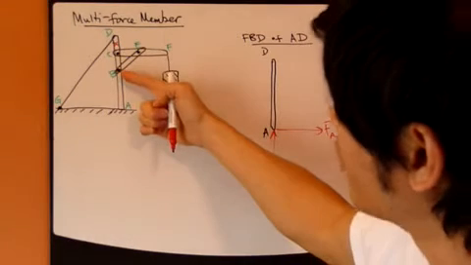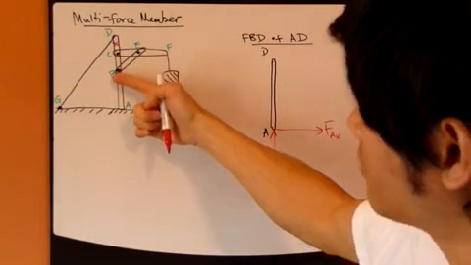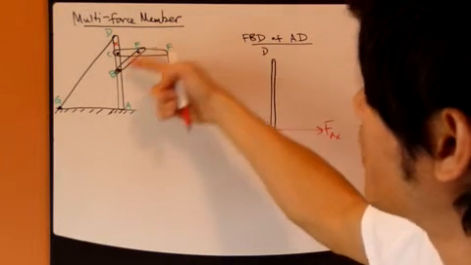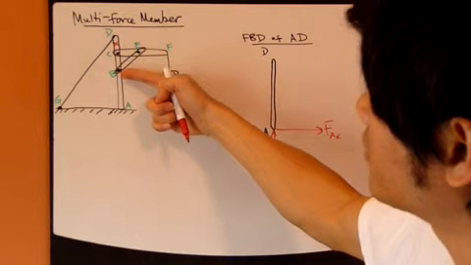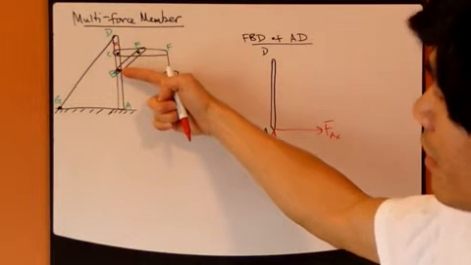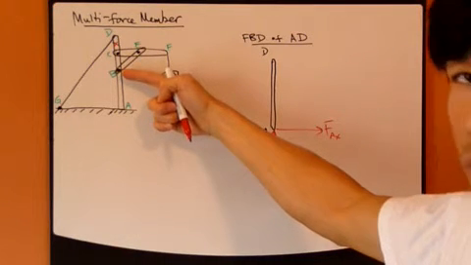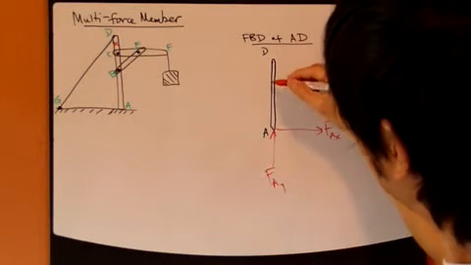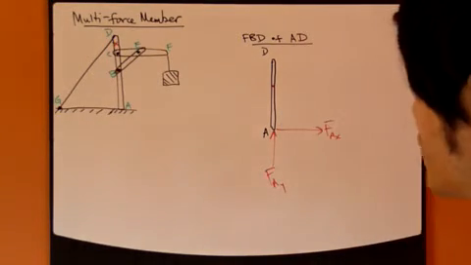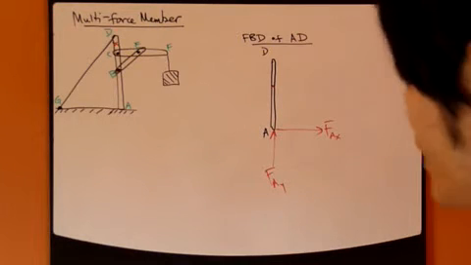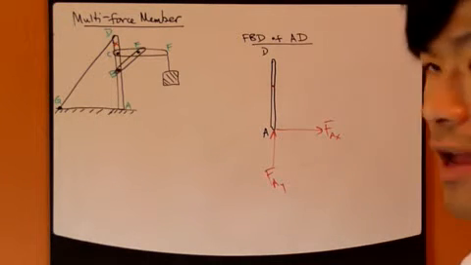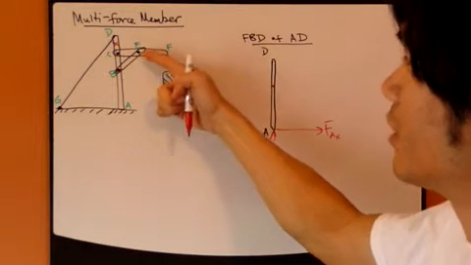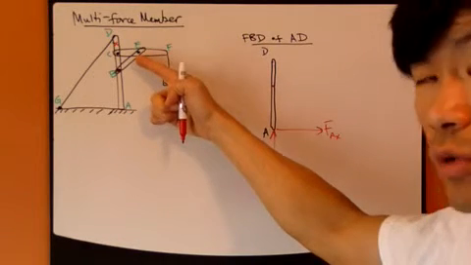What else? Well, we have this B right here. This point B is part of this BE member, so at this point B, there will be a reaction force coming from this BE. I'm going to draw it right here. But what's the direction of that reaction force? Well, recognize that the BE member is a two-force member.